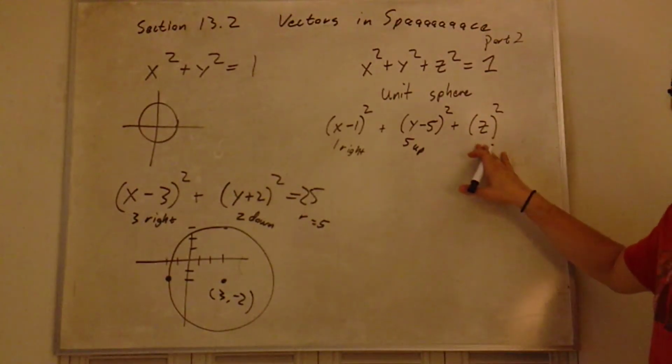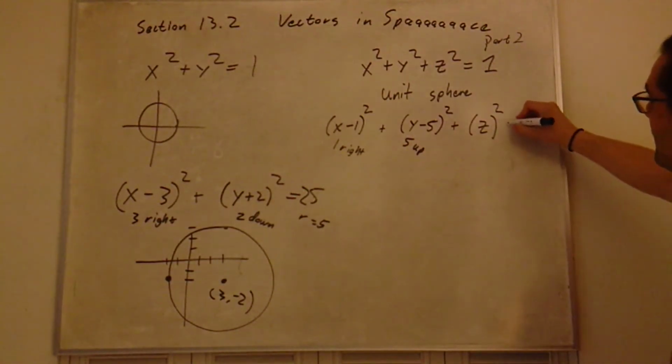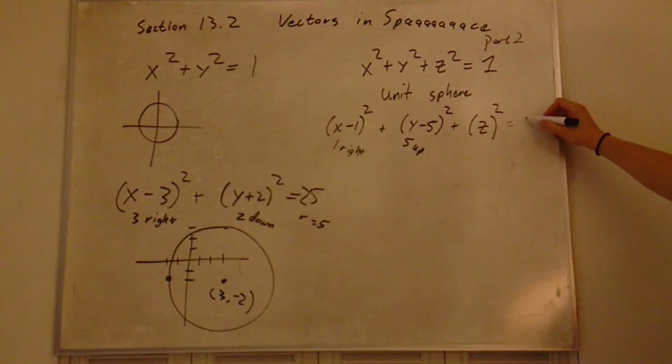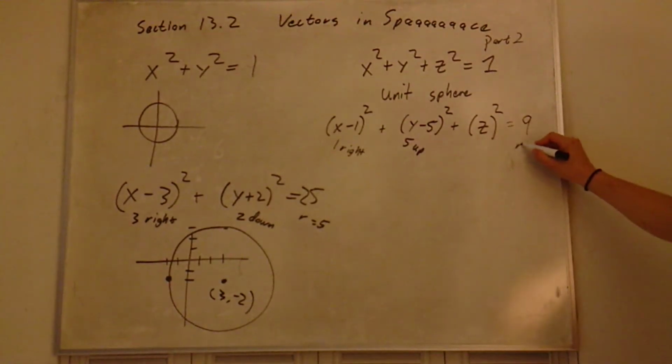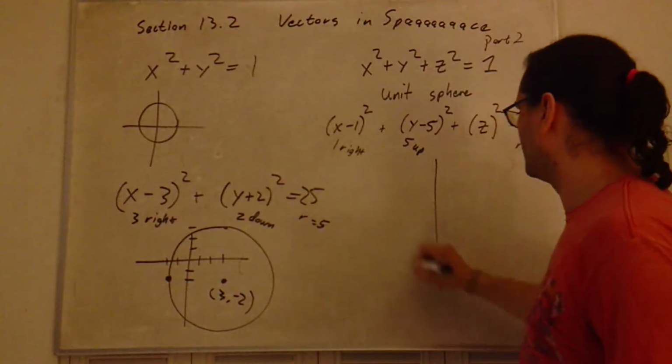So this will leave it sort of centered on the z-axis still. And then we can say whatever number we want this to equal, like if we want the radius to be 3, we'll say it equals 9. Now the radius is 3. So this will get you a sphere.